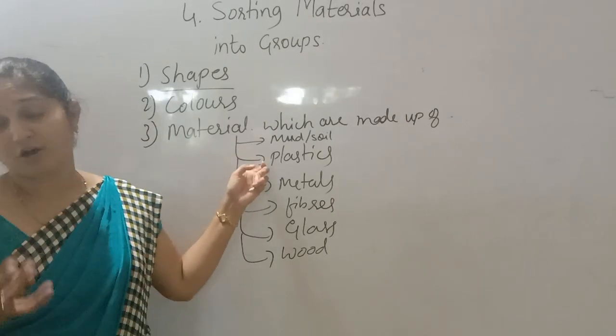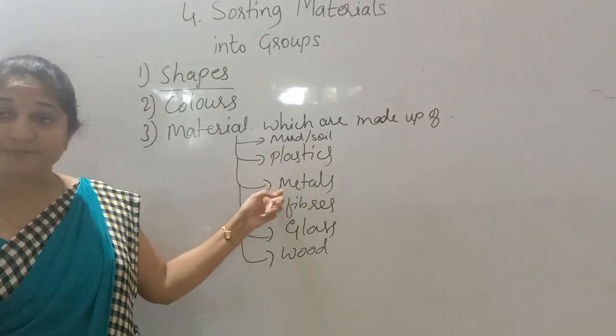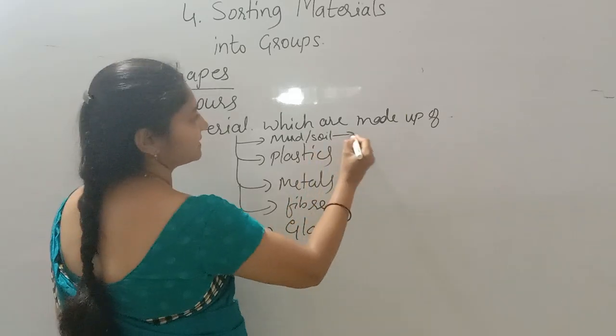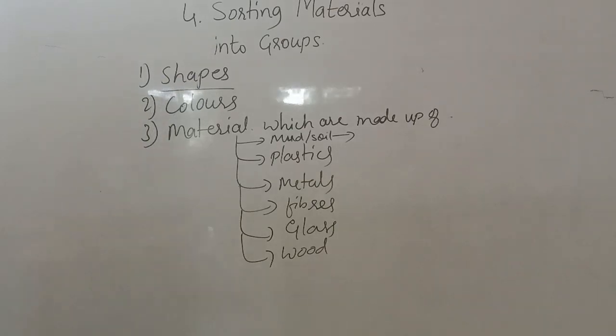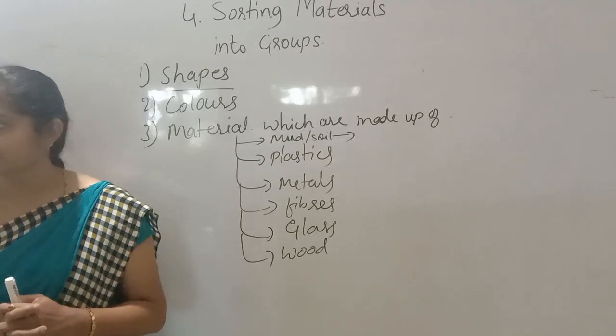Just give one example here. Here we can write earthen pots, right? Have you seen earthen pots? In summer days we see those, which are made by using mud, right?